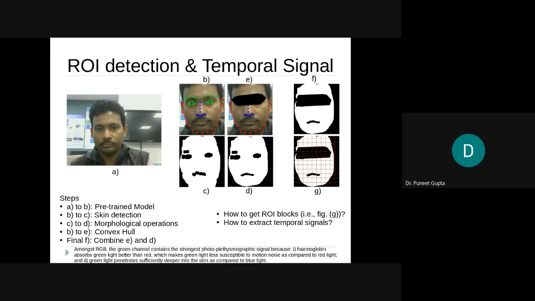There are lots of reasons for that. Let's say this block contains 8 cross 8 pixels, 8 cross 8 regions. I put it here and just analyze the green values. So I am going to have 8 cross 8 values.